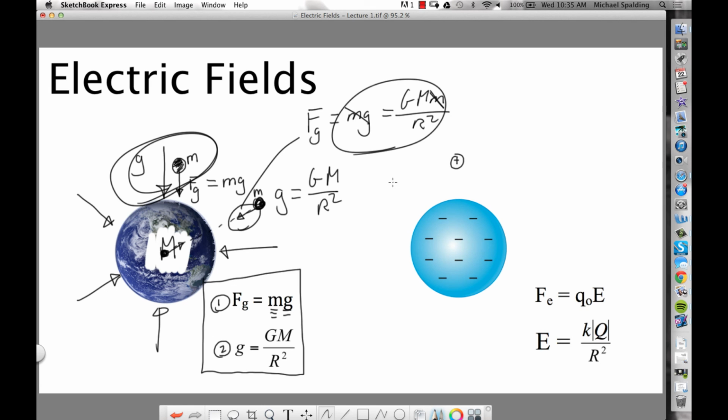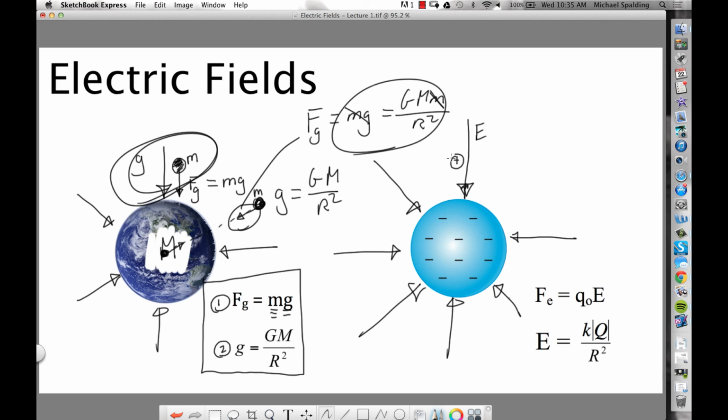For right now, I'm just going to tell you which way the electric field is for this situation. And in about 5 minutes, I'm going to talk about the direction of electric fields. So in this situation, the electric field goes into the big negative. So these arrows represent the electric field around the big negative guy.